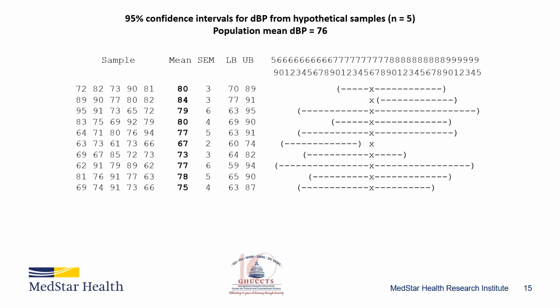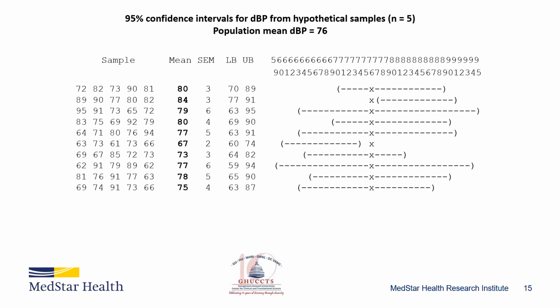So what we can do then is calculate confidence intervals about the mean. If we do a 95% confidence interval about the mean, then that's plus or minus 2 standard errors, because about 95% of the area under a normal curve is within about 2 standard deviations.